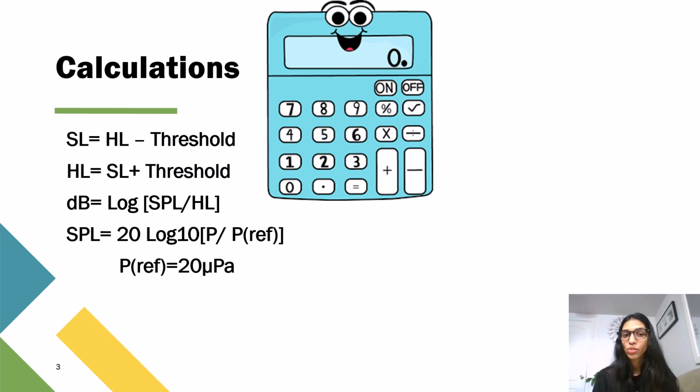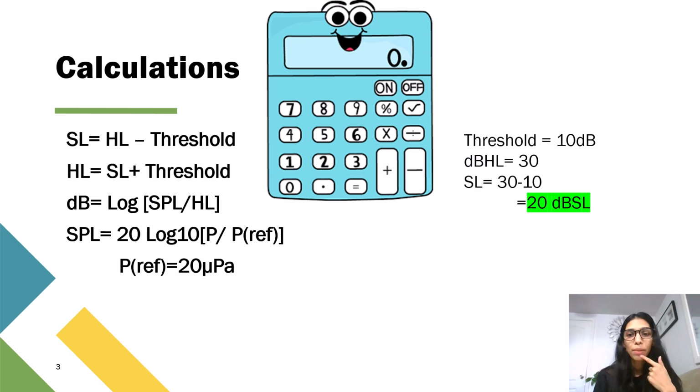So how much of the sound is heard is the sensation level. For example, if the person's threshold is 10 dB and we are presenting the sound at 30 dB HL, then how much sound has he heard is the sensation level. That will be the dB HL minus the threshold. In this case, it is 20 dB SL.